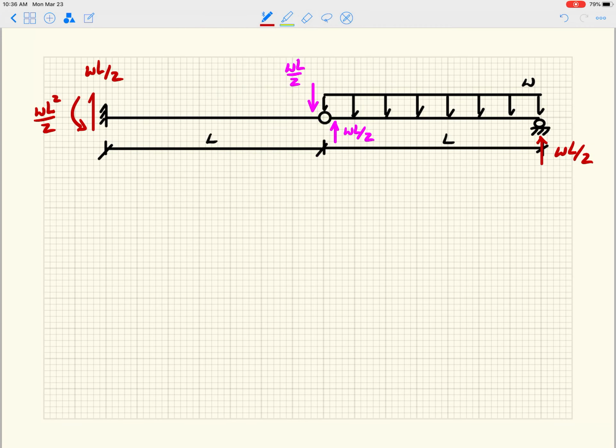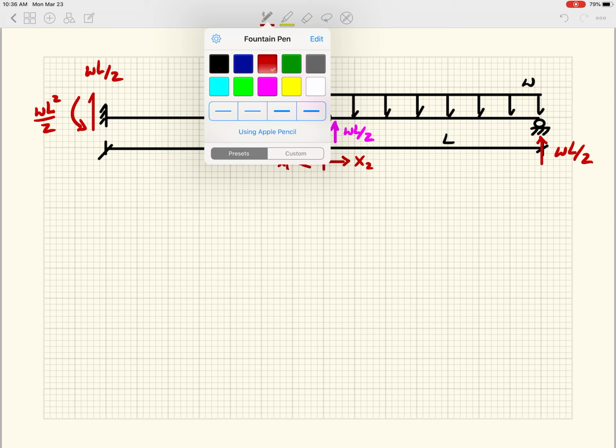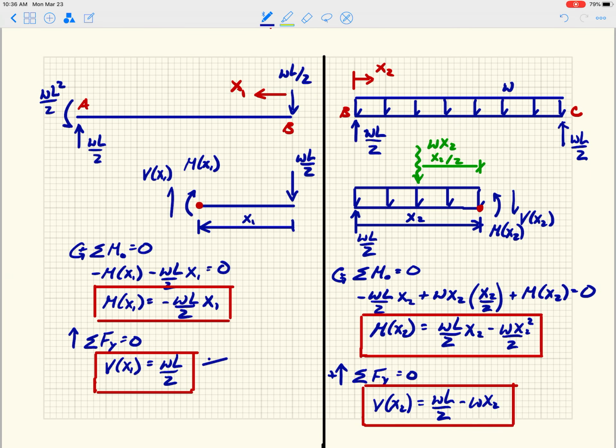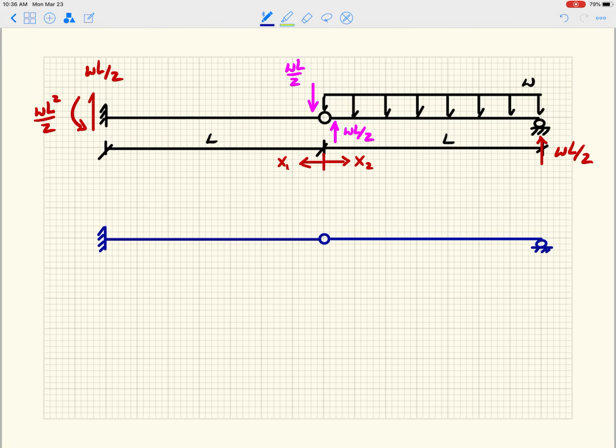And the last thing I've got to show here is the X1 and X2, right? So we'll do shear force this time in blue, right? So if we go back and we look here, the shear force on the left-hand side is a positive WL over 2.